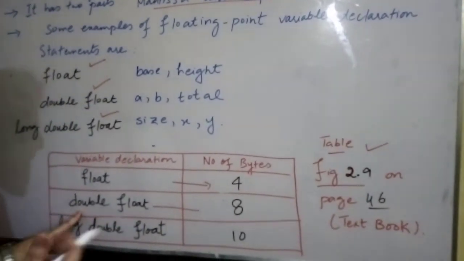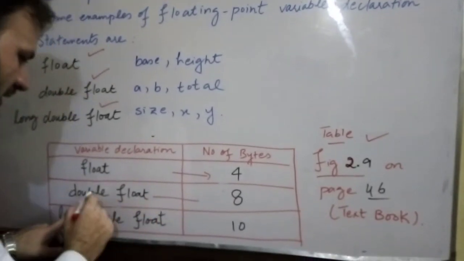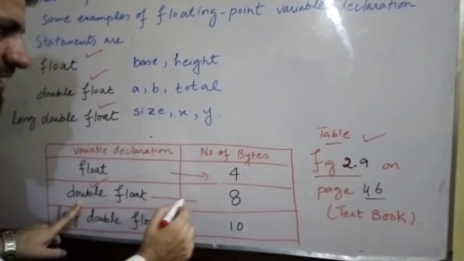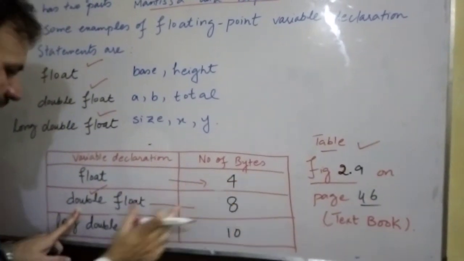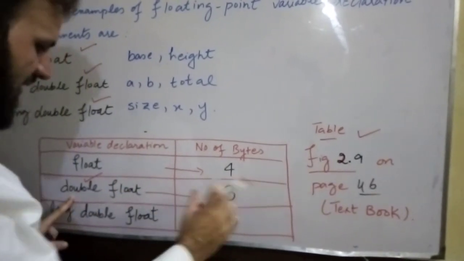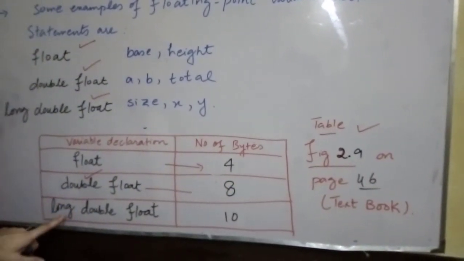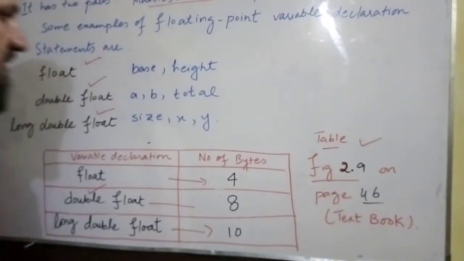If we have greater values in floating point, then we can use double, which contains 8 bytes. Similarly, when we define long double, it contains 10 bytes.